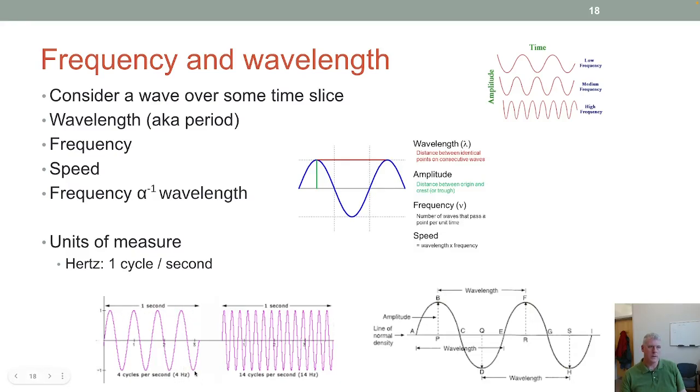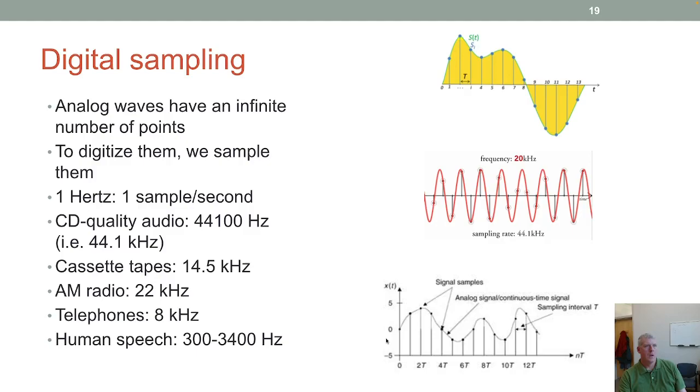So that's a 4 hertz wave. And here we have a 14 hertz wave because we have 14 cycles or 14 peaks in this second. And so hertz is the unit of measurement of frequency, or number of peaks in a time frame, in a second. Okay, good.